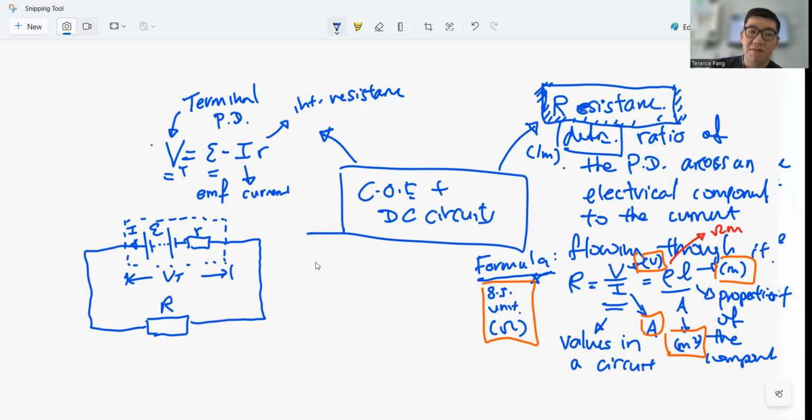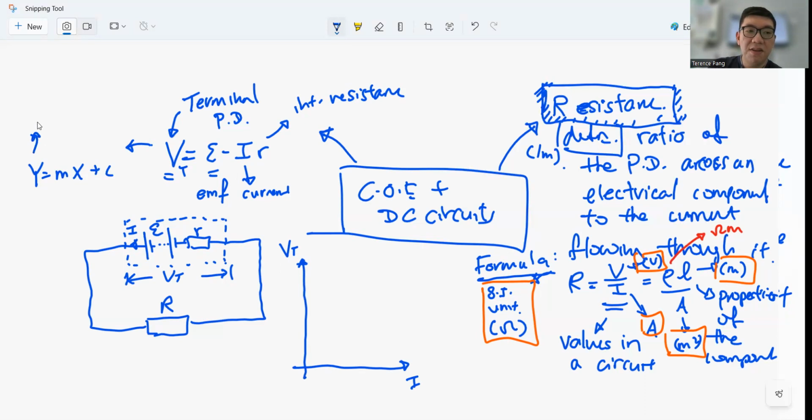So sometimes you may be given a graph. How will you draw a VT versus I graph? Would actually look. So if you convert this using linear law, y equals mx plus c.